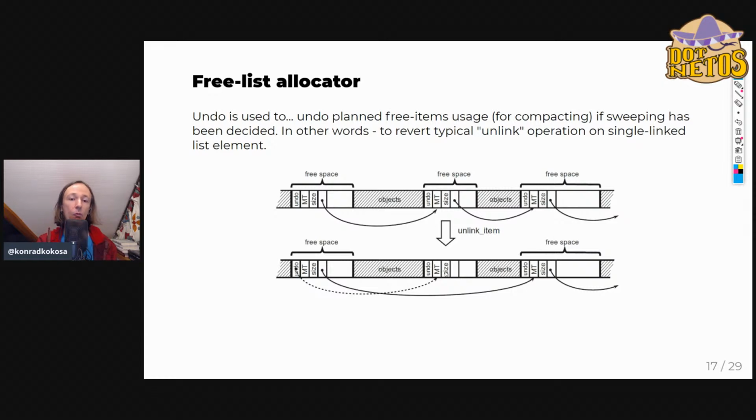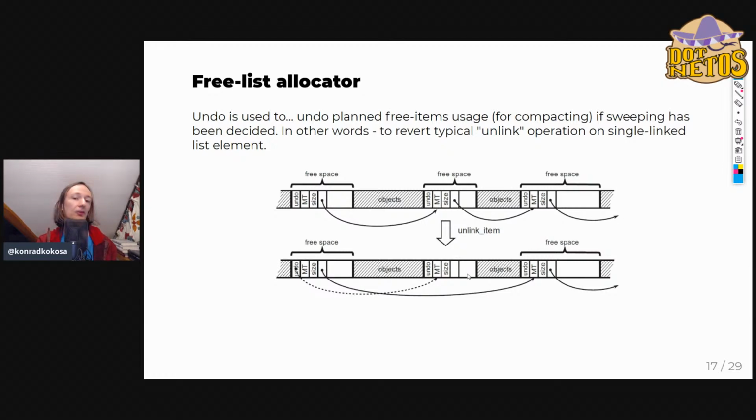But then what if in the end, after the planning phase, it is decided not to compact but simply to sweep? We have lost the information about this free space, because the plan phase has calculated what we will be doing with this free space if compacting happens.